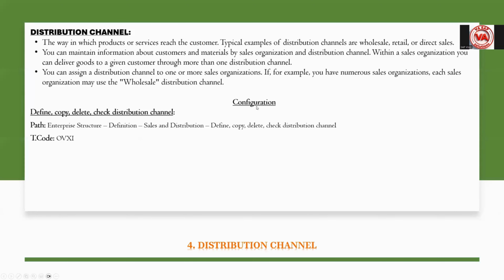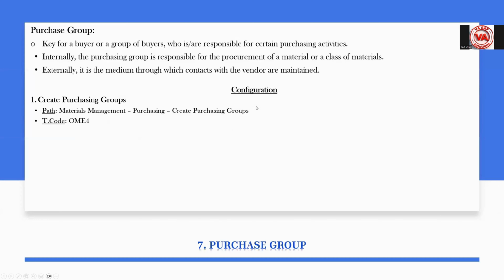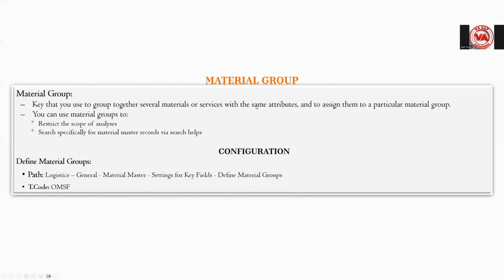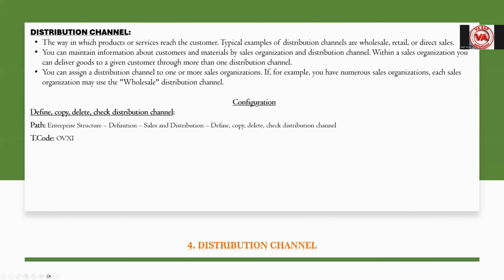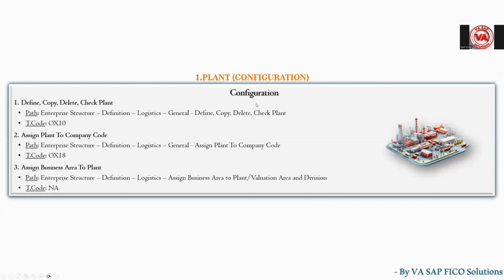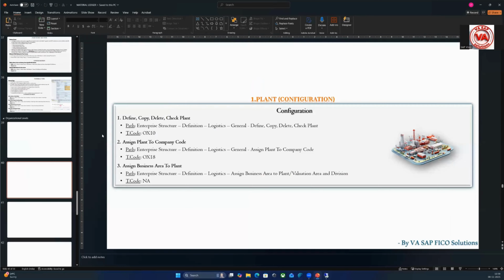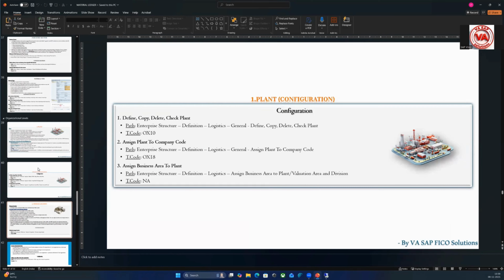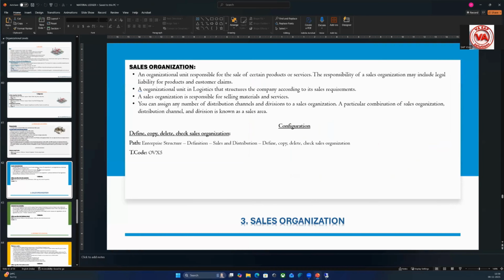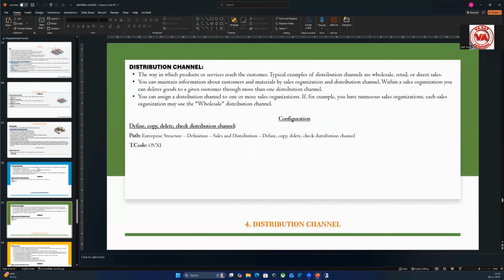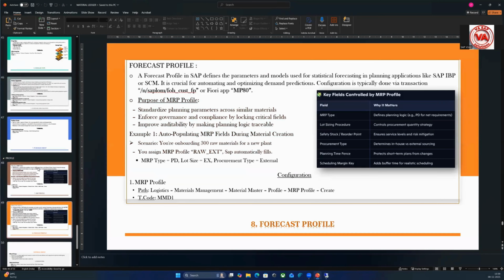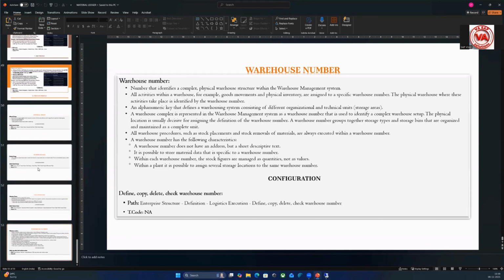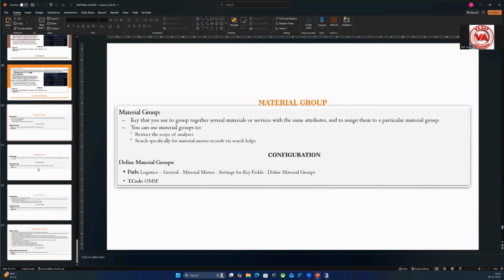So we have division, distribution, warehouse, storage. This is plant configuration, and the storage locations, sales organization, distribution channel, warehouse, storage, and purchase group. I think the division is missed.